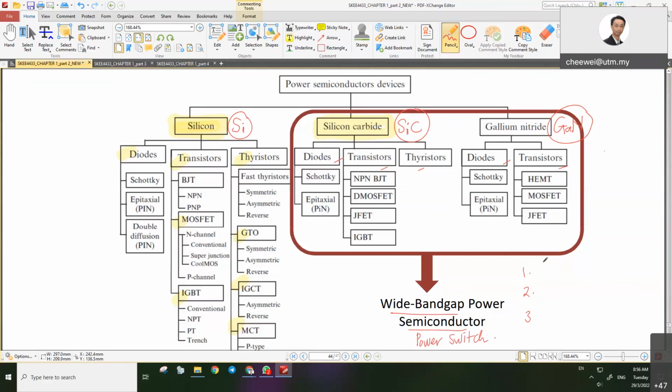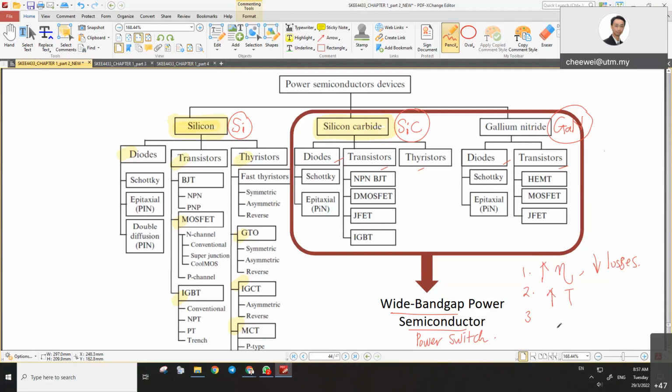Let's start with the efficiency. Higher efficiency means lower losses. And number two, they are able to operate at high temperature.